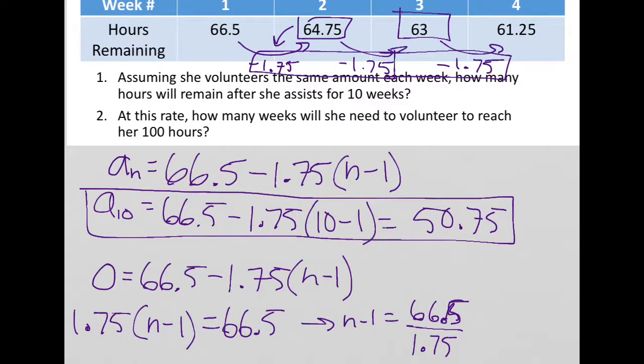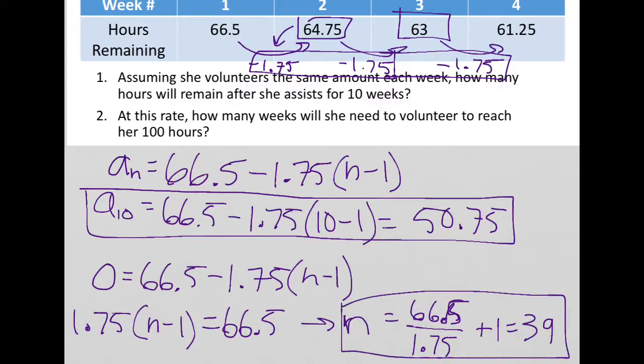And similarly, I can add 1 to both sides to get rid of that minus 1, and I have n equals 66.5 divided by 1.75 plus 1, which will give me 39 as the value of n, which means if she continues to work 1.75 hours each week, she will have completed the remaining hours she has to volunteer after 39 weeks.